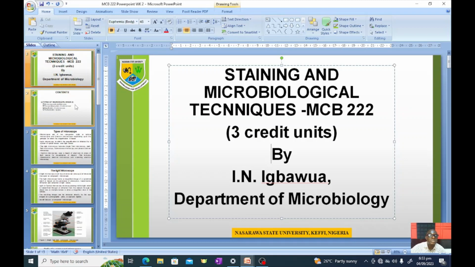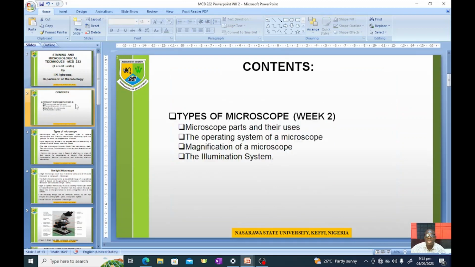And in today's week 2, we are going to consider types of microscope generally. And in looking at that, we'll consider the parts of a microscope and their individual uses, or how you use them.